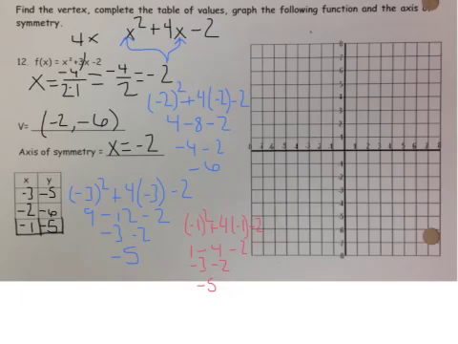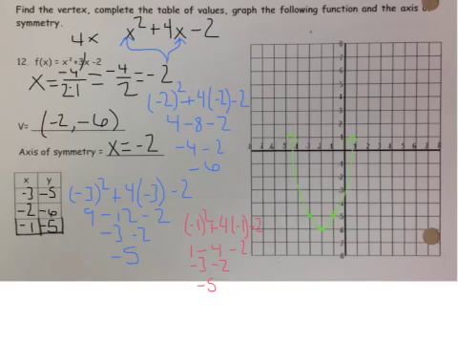So when I plot negative 3, negative 5, I go over to the left 3, down 5, and I'm right here. Then when I plot negative 2, negative 6, I'm right here. And negative 1, negative 5 is right here. So now I have my parabola that looks something like this. Remember, it's curved, it's not a V like an absolute value. So my parabola is a nice U shape, or an N shape, depending, and this one's a U.